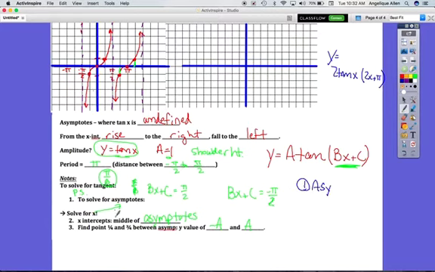This little part right down here is kind of giving you steps. So for the asymptotes, we're going to take the bx plus c part right here, 2x plus pi, set it equal to pi over 2 because that's where our original asymptote is in the original graph. We're going to solve this for x and see where the asymptote moved to.